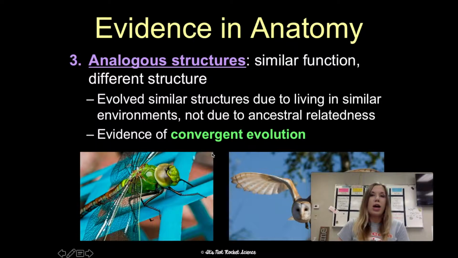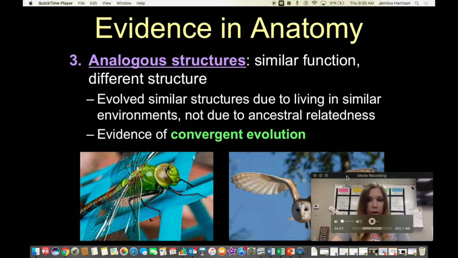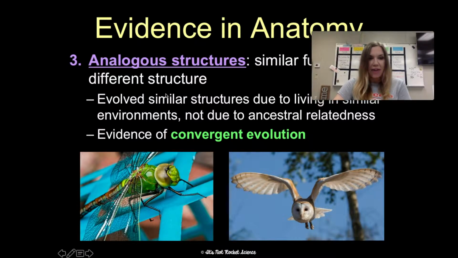This is what was happening in Station 6 of the Stations Lab for Evidence of Evolution. We can see that insects and birds, like this owl versus this fly, have both evolved similar structures. They have both evolved wings, although these have very different structures.